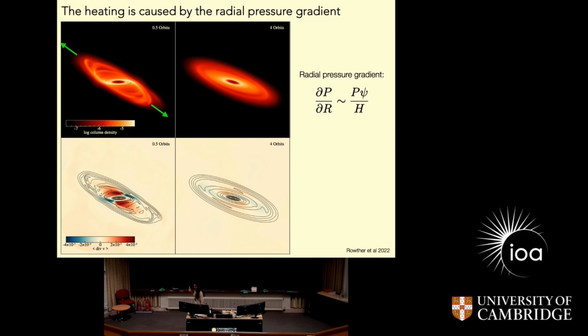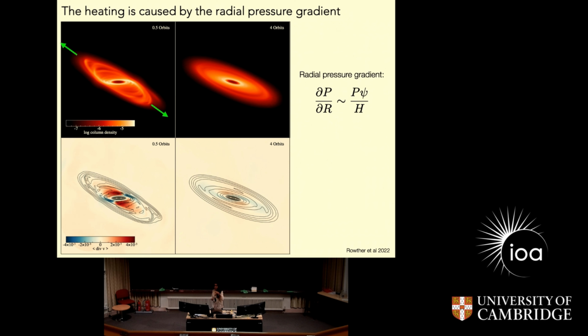And the reason why the temperature is changing here is because we have this radial pressure gradient taking place here, right? That misalignment between the inner and the outer disk actually induces this really strong radial pressure gradient in the direction that you see these arrows pointing in.